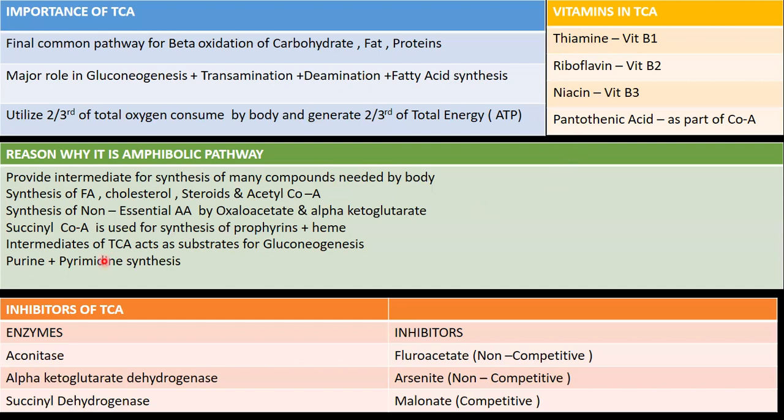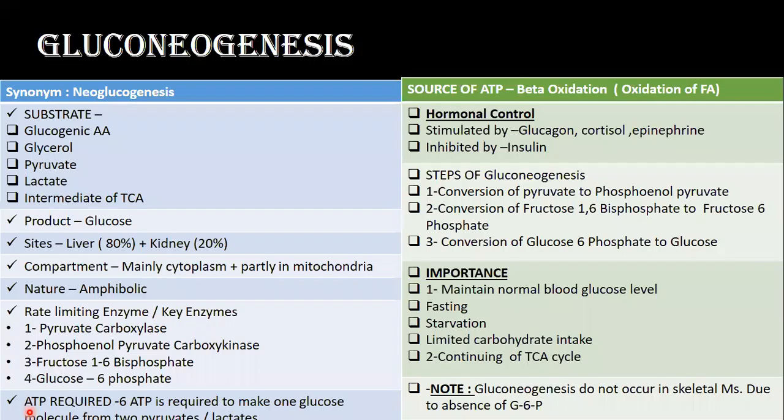Just remember this thing. Now let's discuss gluconeogenesis. Gluconeogenesis is the synthesis of glucose or glycogen from non-carbohydrate precursors. Non-carbohydrate means from amino acids and proteins we are going to make our glucose. Another name is neoglucogenesis.